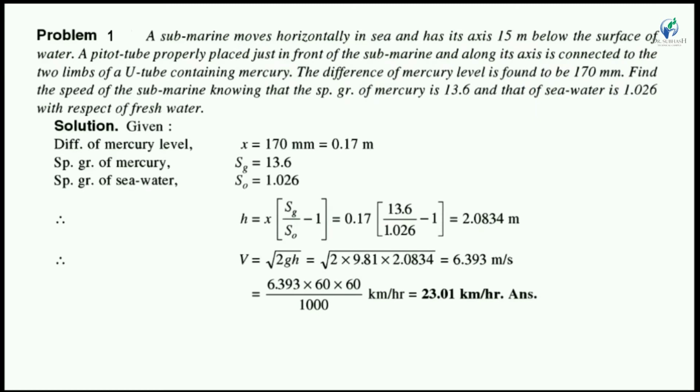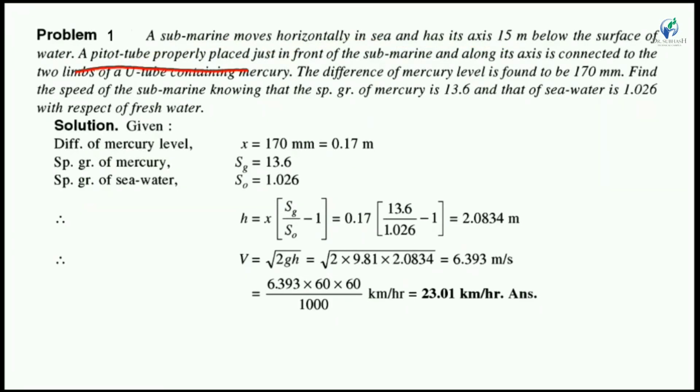Now, we solve an example of a Pitot tube. So you have an idea how to solve an example for a Pitot tube. Let's start the first problem. A submarine moves horizontally in the sea and has its axis 50 meters below the surface of water.